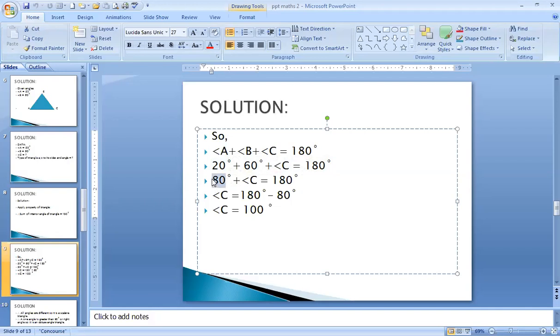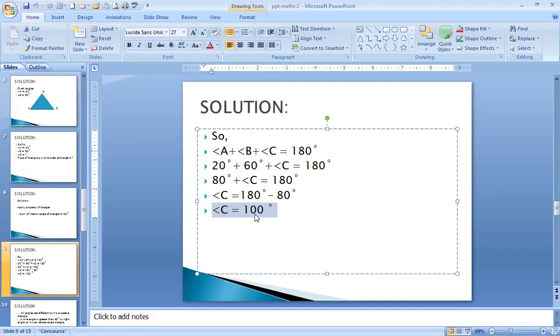Then move this 80 degrees from the left-hand side to the right-hand side, so the sign changes, and 80 is subtracted from 180, and we get 100 degrees. So our third angle, angle C, equals 100 degrees.